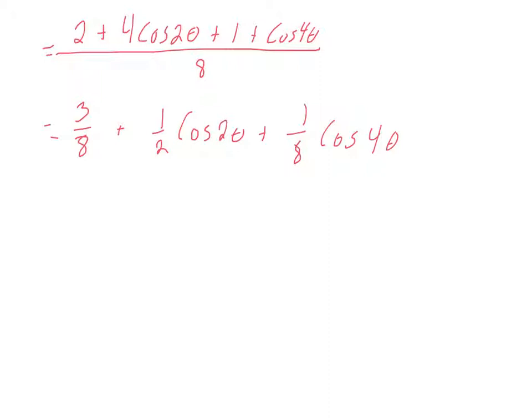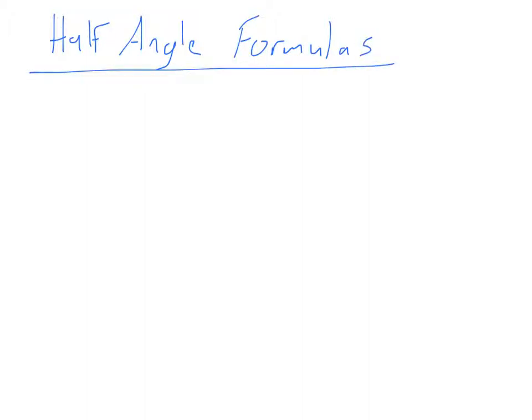Let's go ahead here and develop some more formulas. So we're going to start off, to develop the half angle formulas, we're going to start off with the double angle formulas, right?